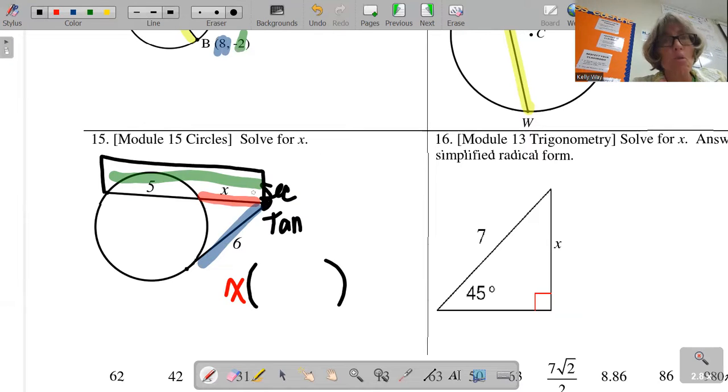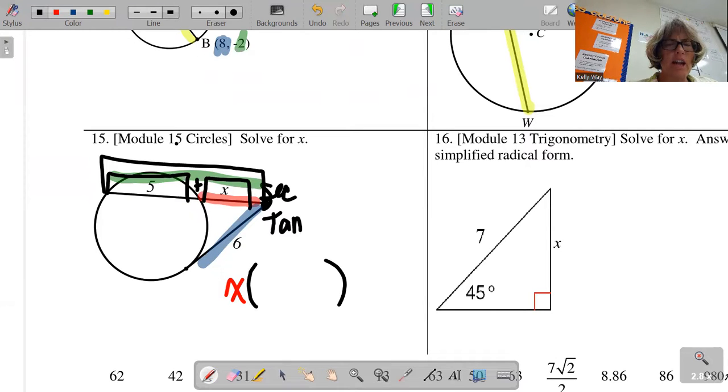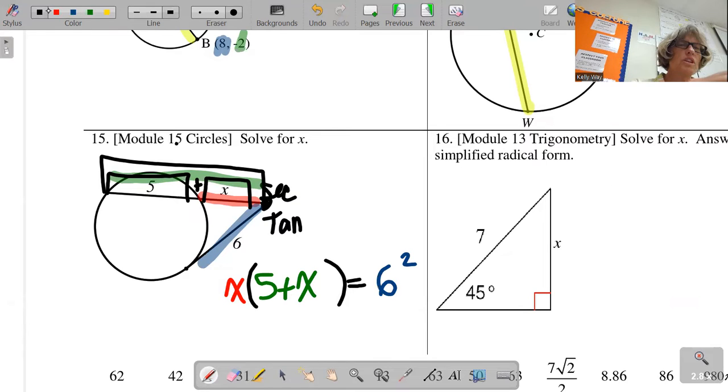The most common incorrect answer is 5x. You don't have 5 x's there. You have a 5 and an x. So piece times whole equals the tangent segment squared. You're going to have to factor a polynomial.